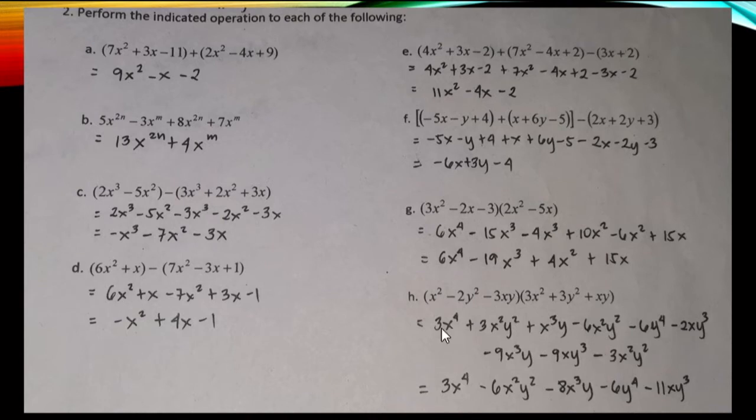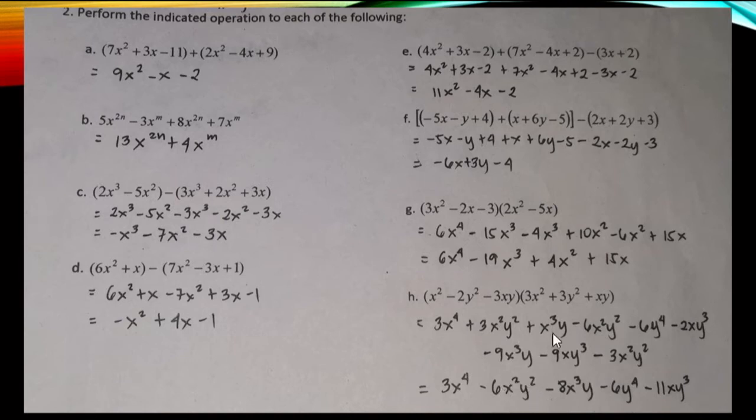Then we combine like terms. This one has no like terms. For the x squared y squared, this one and this one: positive 3 minus 6 is negative 3, minus 3 is negative 6x squared y squared.